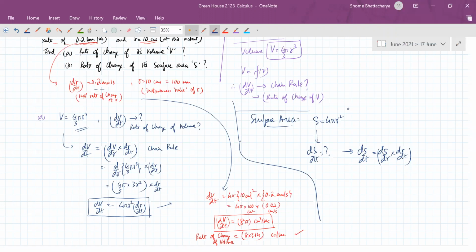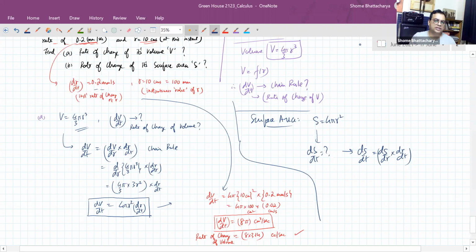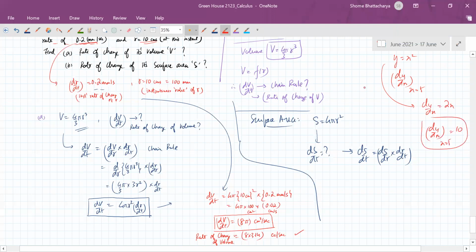So that's why whenever we differentiate a function, say we have a function y is equal to x square, now calculate dy by dx for x equal to 5. What you'll do is first differentiate this. That's 2x. And then you will calculate dy by dx's value at x equal to 5, and that will become 10. You should not do these steps in reverse.